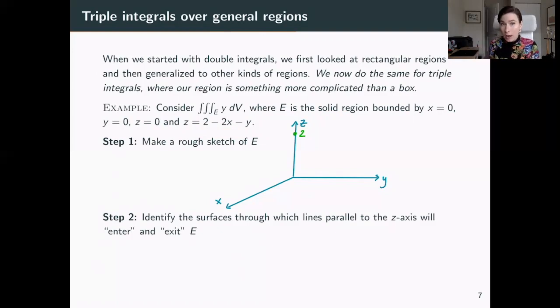When my y is 0 and my x is 0, we get an output of 2. And when our y is 0 and our z is 0, we're going to get an output of 1 for our x. So the surface that we're looking at is going to look something like this.